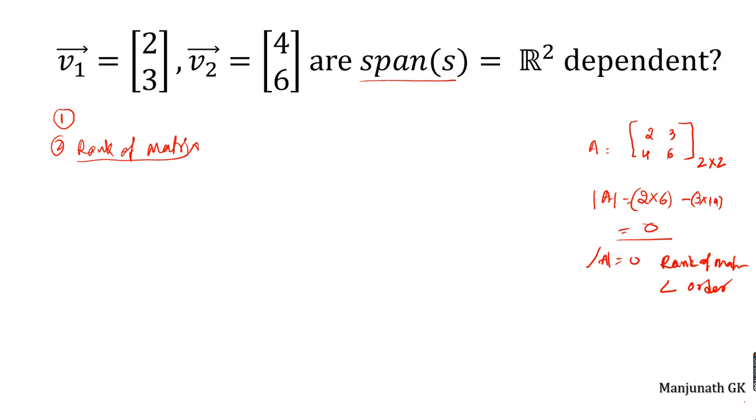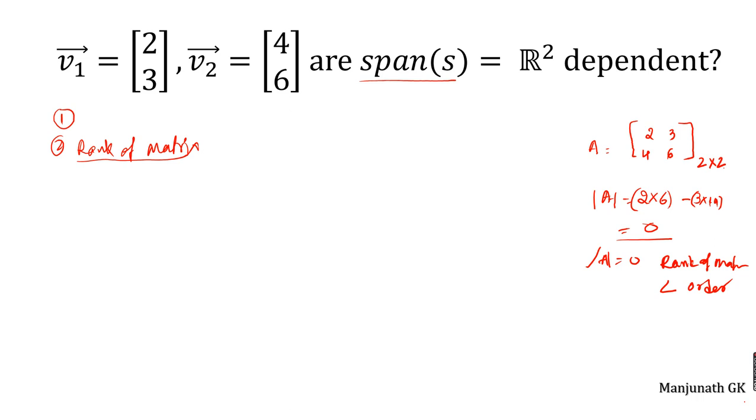If the determinant is not equal to 0, it is some real number, then the rank of the matrix will be equal to its order. In this case the rank will be less than 2 because the determinant value is 0 here. So this is one method using which we can say that the given two vectors are dependent or independent.